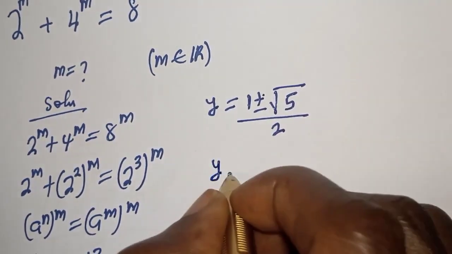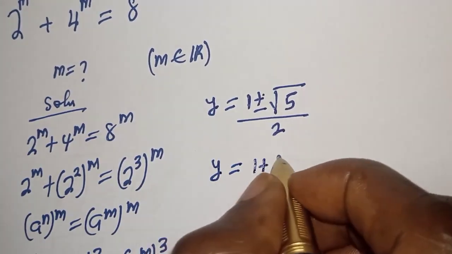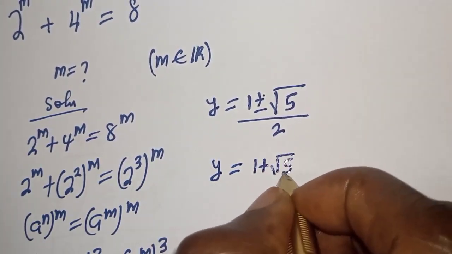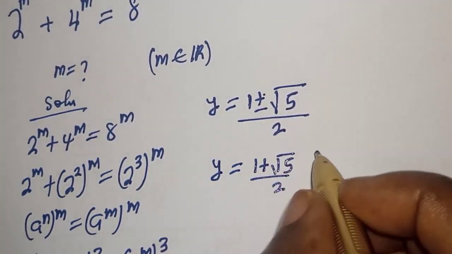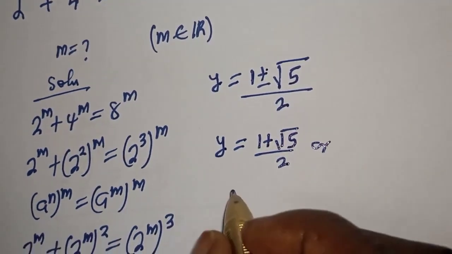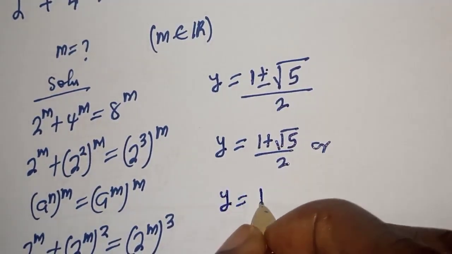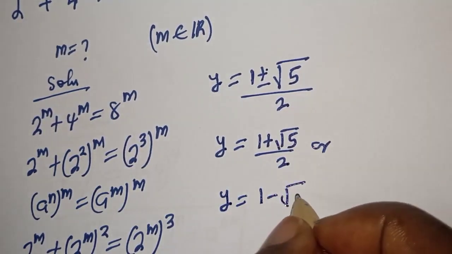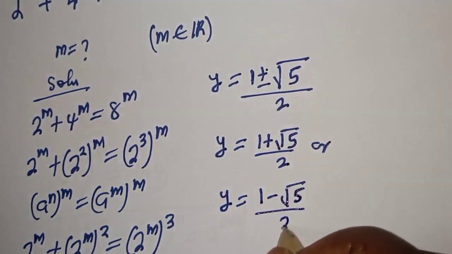Then y is equal to 1 plus square root of 5 over 2, or y is equal to 1 minus square root of 5 over 2.